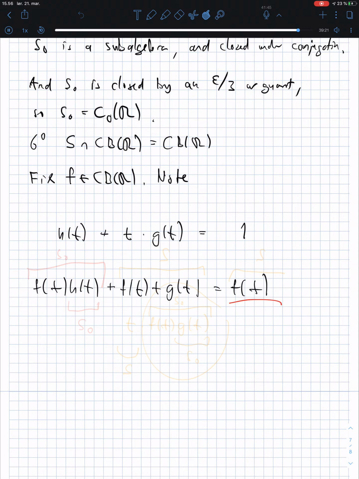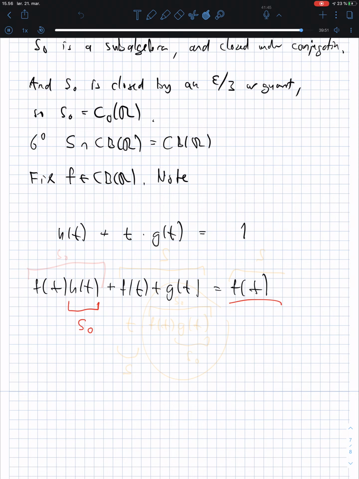And what I know about f is that it's a bounded function, right? So what can I do at this point? Well, I know that h of t lies in S naught, right? So that is a function that vanishes at infinity, and hence it lies in S naught by claim number 5.